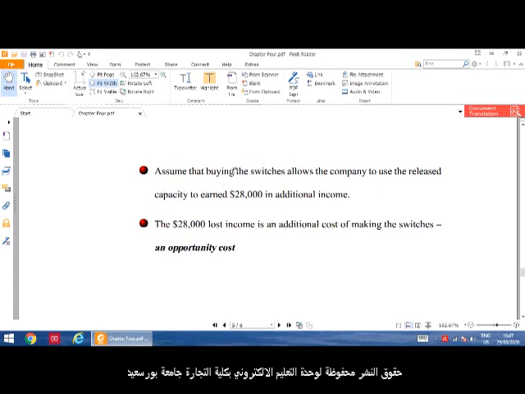Assume the same example. Assume that buying the switches allows the company to use the released capacity to earn $28,000 in additional income.